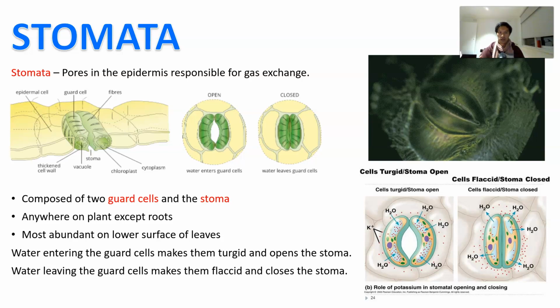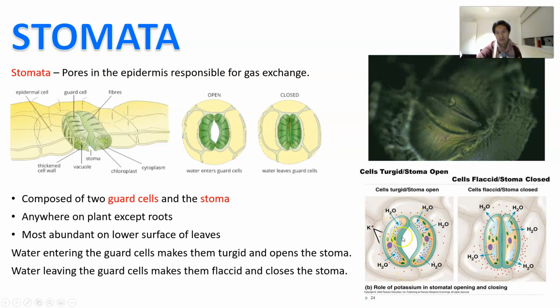Water entering the guard cells, they're going to obviously open, and they do that by the fact that the plant plays a very important role of actively transporting potassium in and out of these particular guard cells, and that's going to allow water to move in and out according to those ratios. By pumping the water in, it's going to make it turgid.